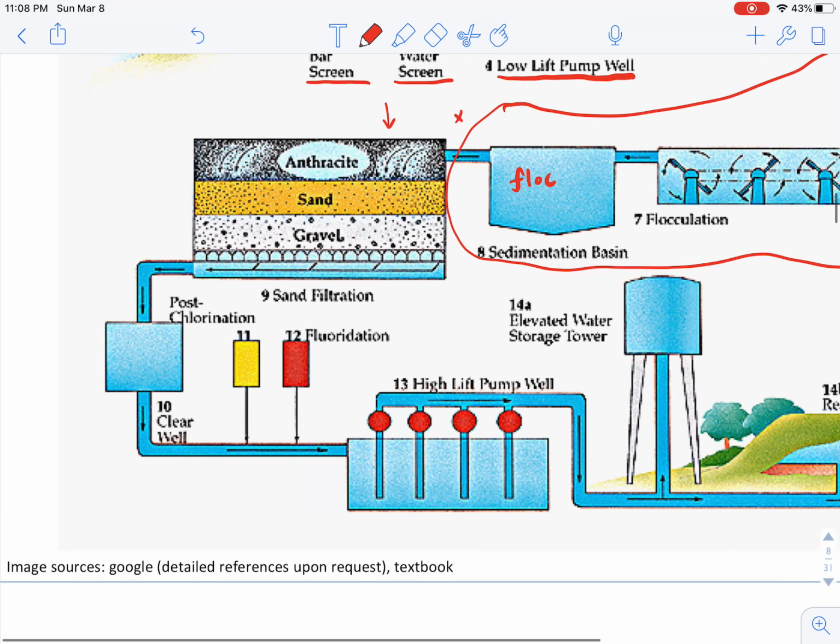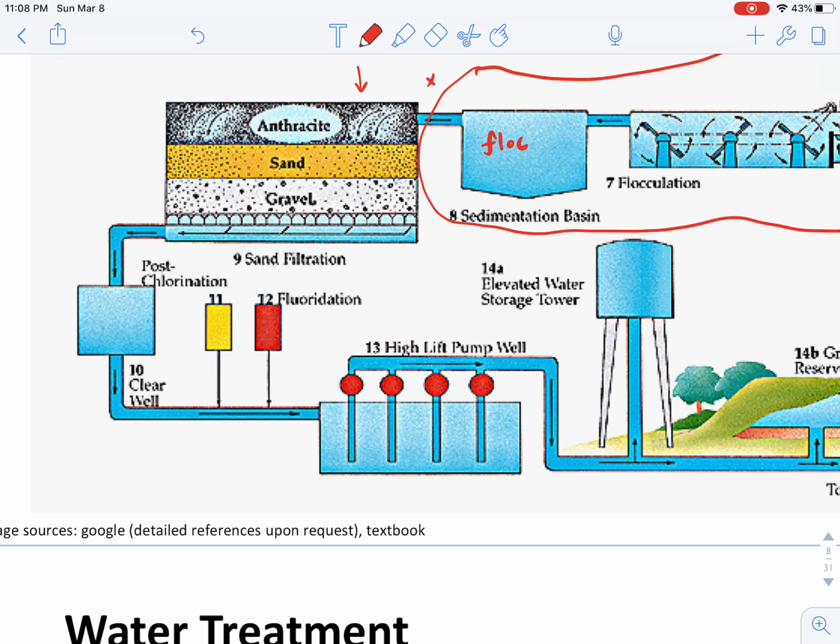Okay, so after the water is treated, it'll go through the post-chlorination to further remove these microorganisms. People also will try to pump ozone into the water to oxidize those organics or microorganisms. And finally we'll go through the fluoridation process, which basically introduces fluoride into water to protect the teeth of the people, especially for the children.